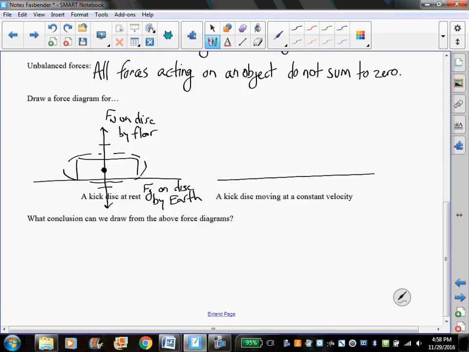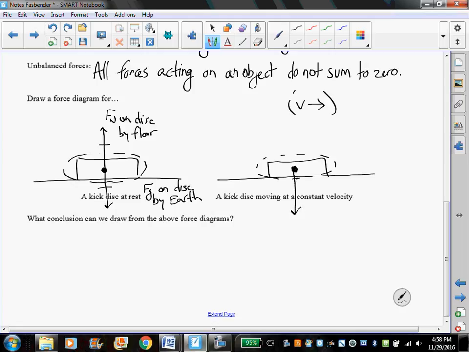This one is now going to be moving at a constant velocity. So if we think about this snapshot of the kick disc moving at a constant velocity, you can imagine in your mind, maybe the kick disc is moving to the right. We now want to draw the force diagram for this kick disc. So we will draw a dotted line around the kick disc, and we will say the center of gravity of the kick disc.